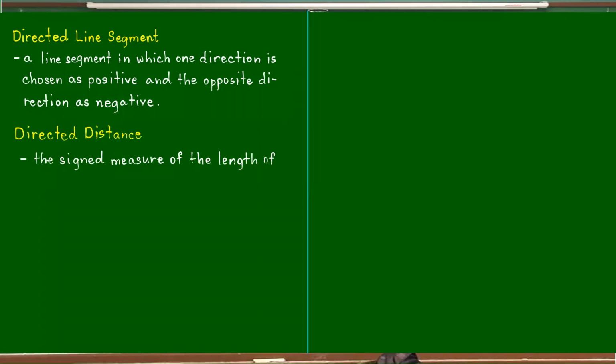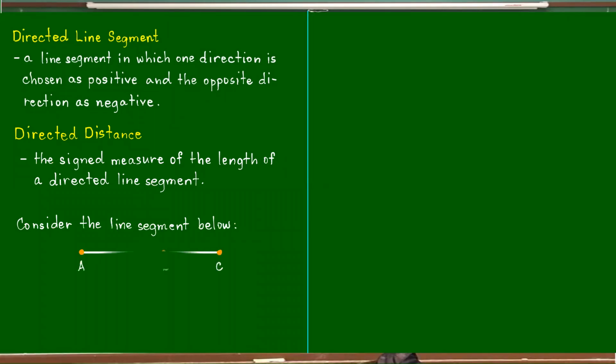And the measure of the length of a directed line segment, the signed measure, is called directed distance. So when you measure a directed line segment, the signed measure is either negative or positive.